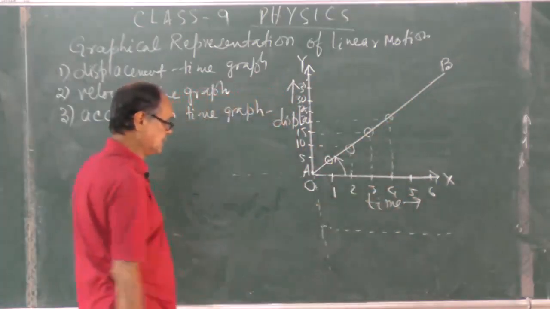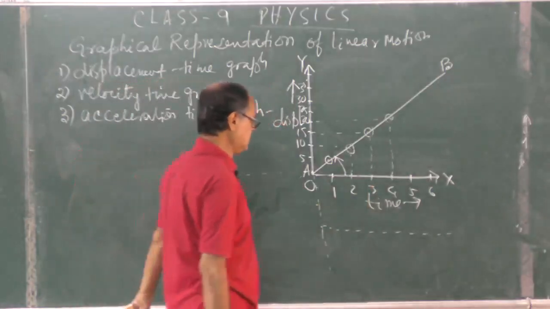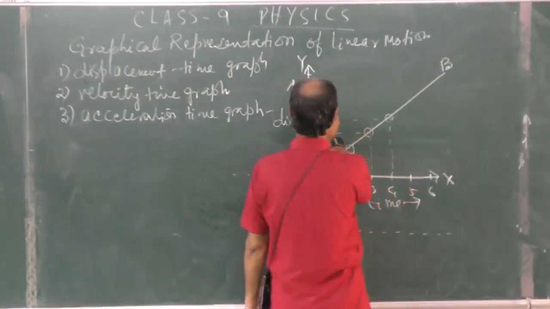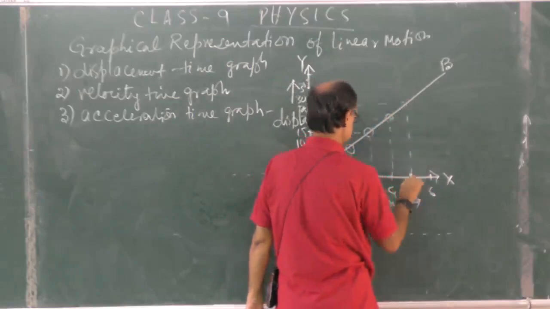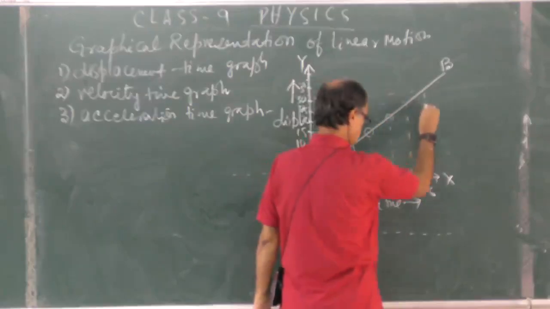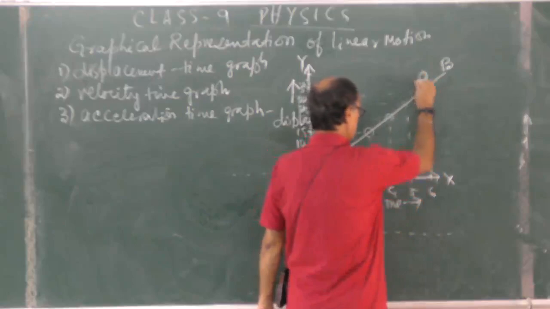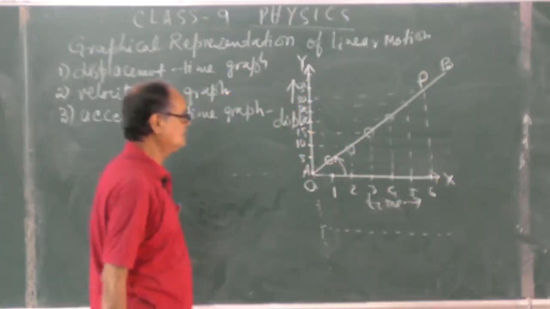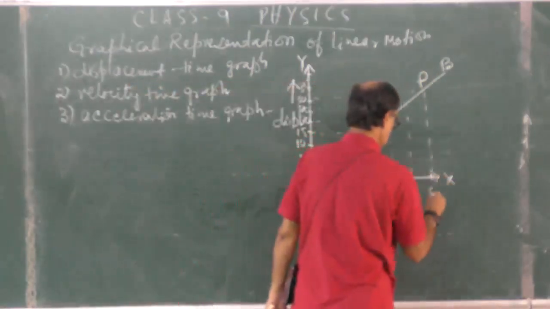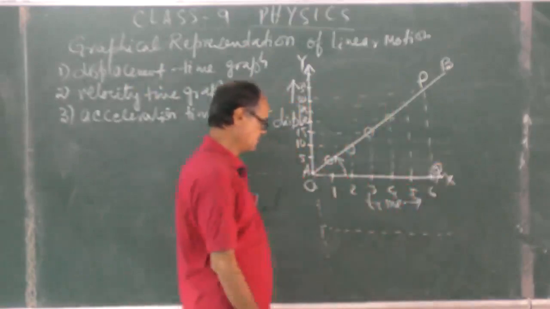What value? If on this AB line, up to 30 I drew, I select a point P over here, and I select a point Q there.